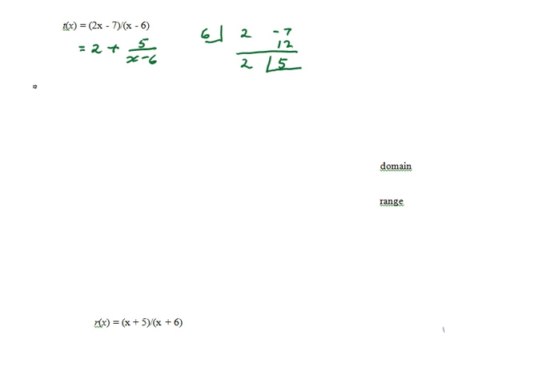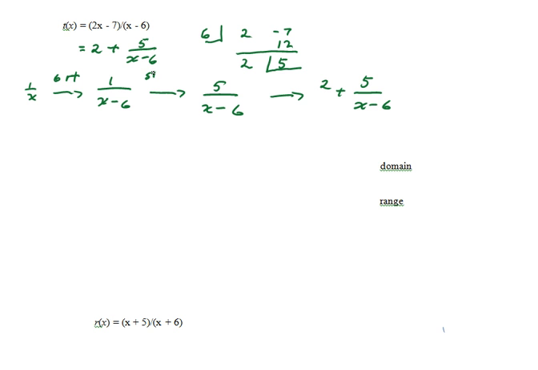So we're going to go from 1 over x to 1 over x minus 6 to 5 over x minus 6, and finally to 2 plus 5 over x minus 6. So we'll be going 6 to the right.